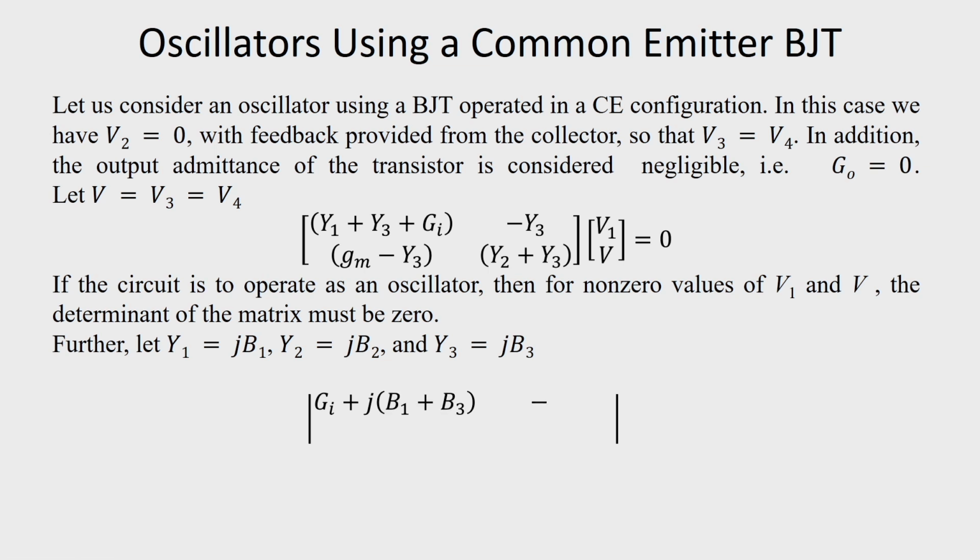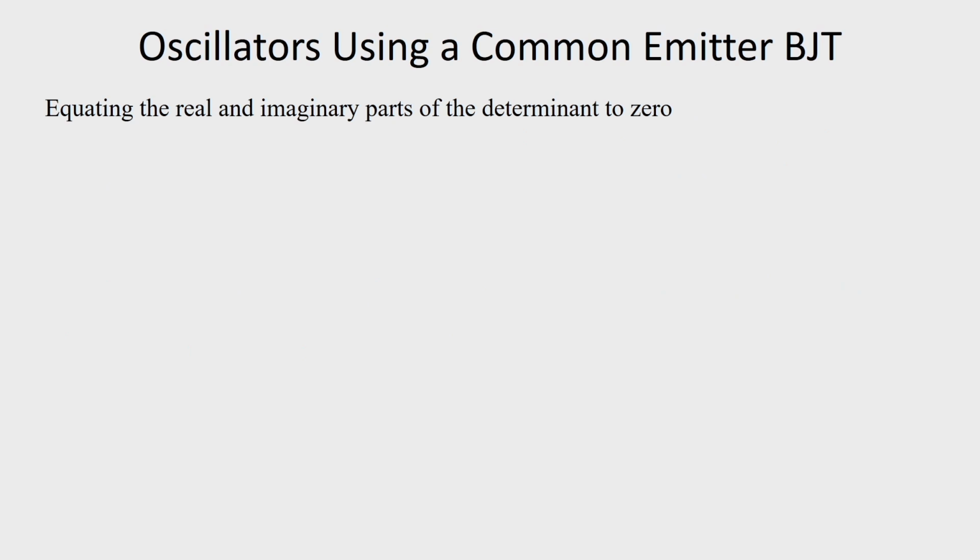So, substituting this y1, y2 and y3 here, we get this particular determinant has to be 0. Now, equating the real and imaginary parts to 0, we get the relation 1/B1 + 1/B2 + 1/B3 equal to 0.